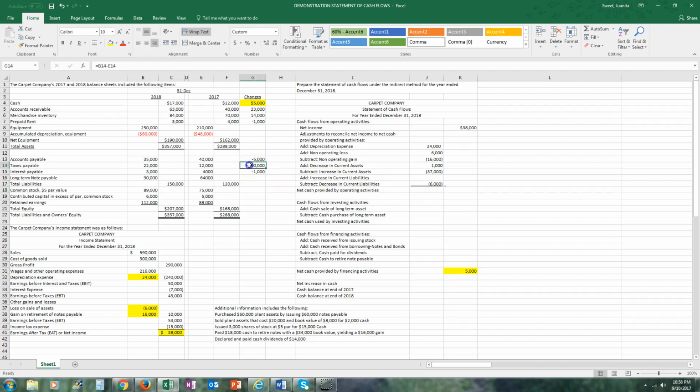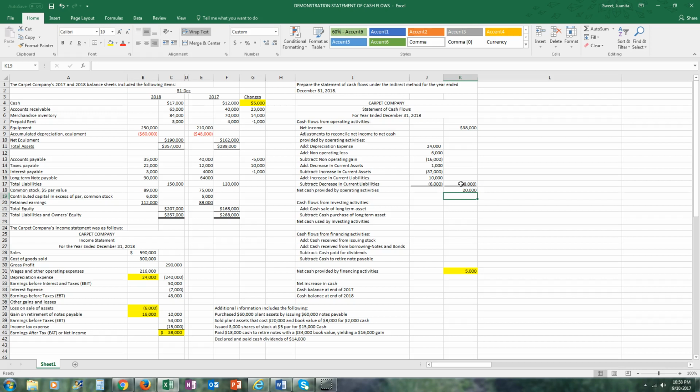We also see that taxes payable went up. That means that our tax expense was greater than the cash we paid for it. When we add these adjustments, we're going to see that the adjustments totaled $18,000. So had we been a cash basis person, we would have reported a net income of only $20,000. But that still doesn't solve why we only had $5,000 in cash.